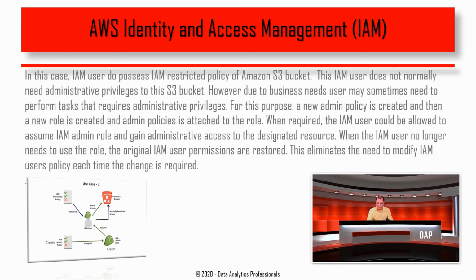When required, the IAM user could be allowed to assume the IAM admin role and gain administrative access to the designated resource. When the IAM user no longer needs to use the role, the original IAM user permissions are restored, and this eliminates the need to modify the IAM user policy each time a change is required.